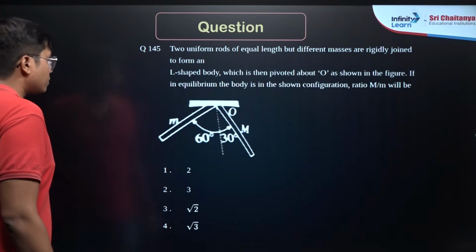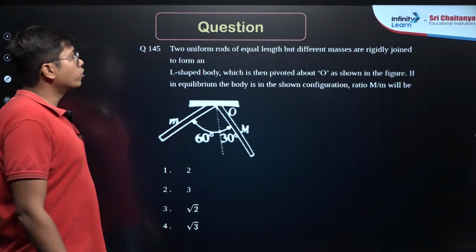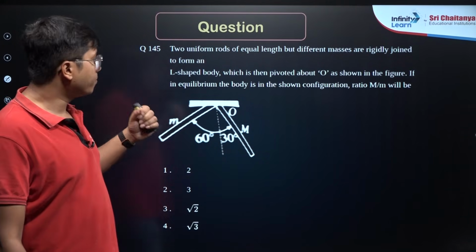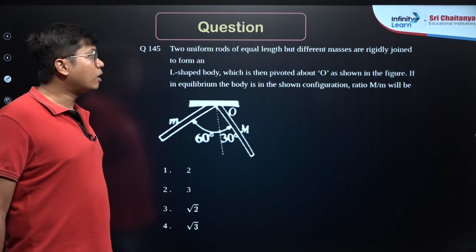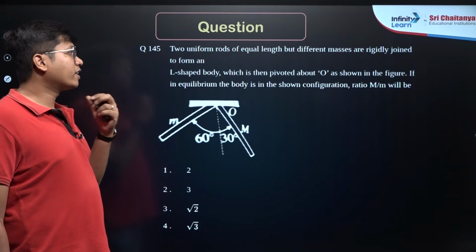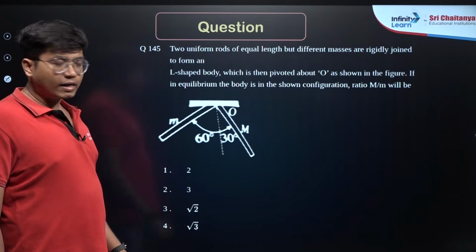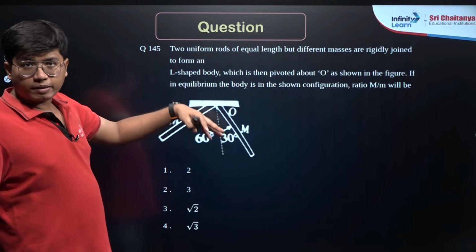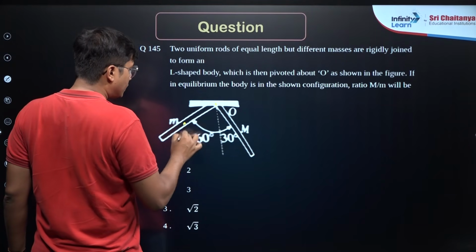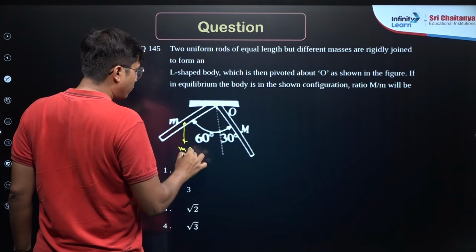Okay. Next one says there are two uniform rods of equal lengths but different masses. They are rigidly joined to form an L-shaped body, which is then pivoted about O as shown in the figure. In equilibrium, the body is in the configuration shown, ratio capital M by small m. So if it is in equilibrium, that means the torques are balanced about this fulcrum point. From this distance, you know there is a small mg force acting.